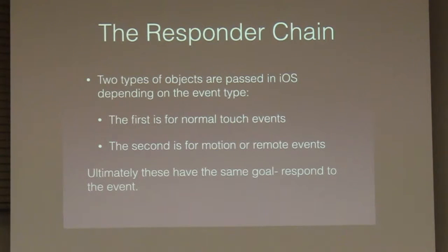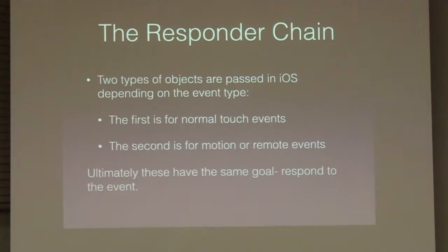With that in mind, though, it's necessary to first discuss the idea of the responder chain, which is the way in which an iOS application responds to events which the user has enacted. For example, two types of objects are passed depending on the event type. The first is for normal touch events, i.e. what you would do just touching your touch screen normally, what most users end up doing.